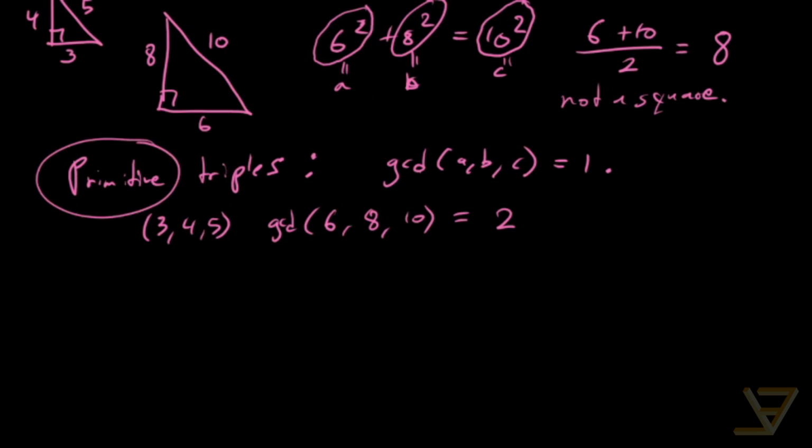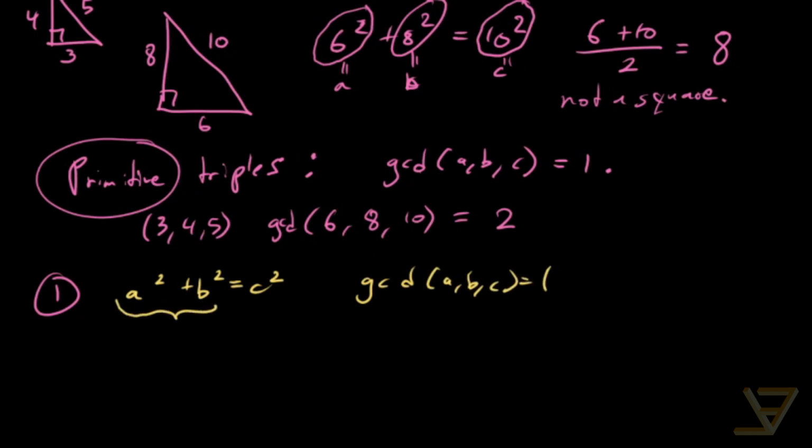First of all, I'm going to make an observation that if a squared plus b squared equals c squared, and GCD of A, B, C is equal to 1, then they can't all be even, but if both of these two are even, then this one has to be even as well. So what we get is that we can assume A is odd and B is even.